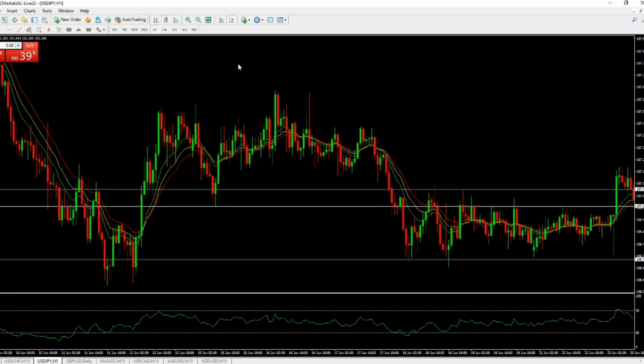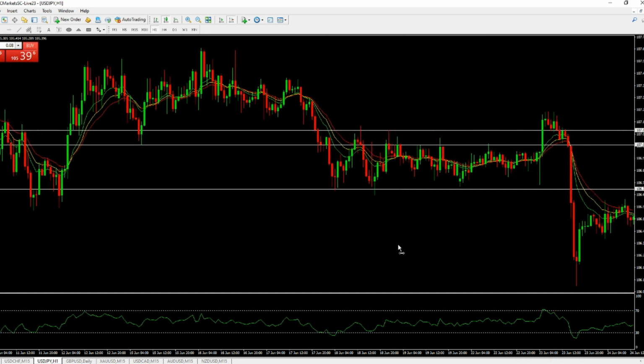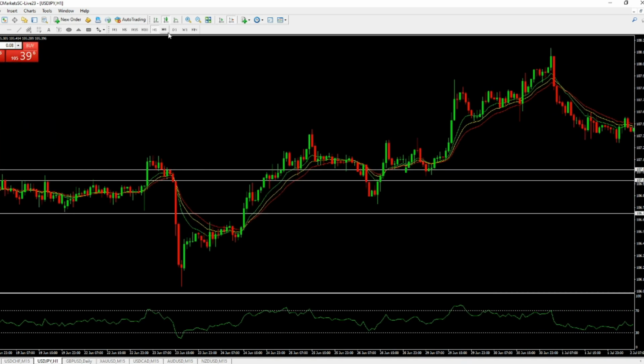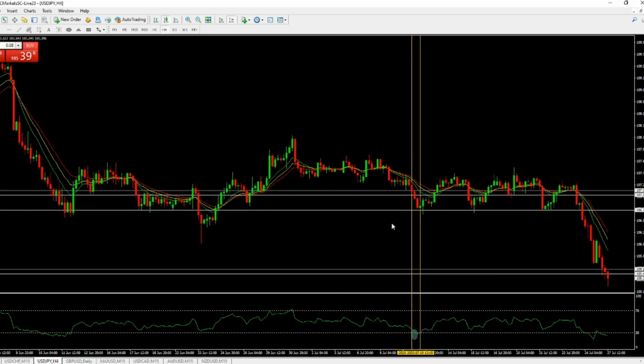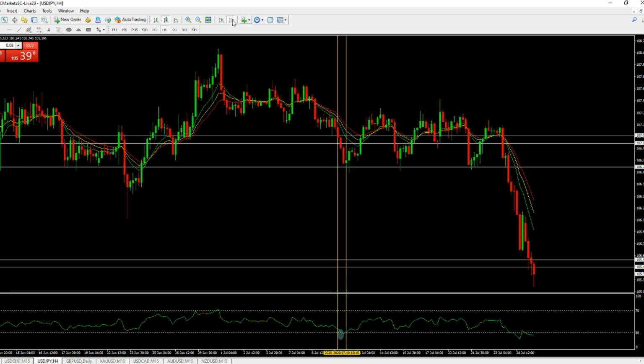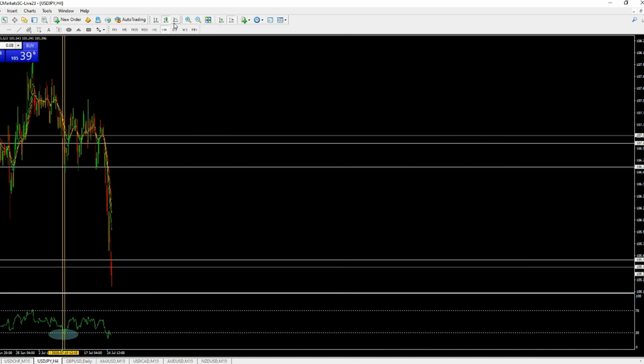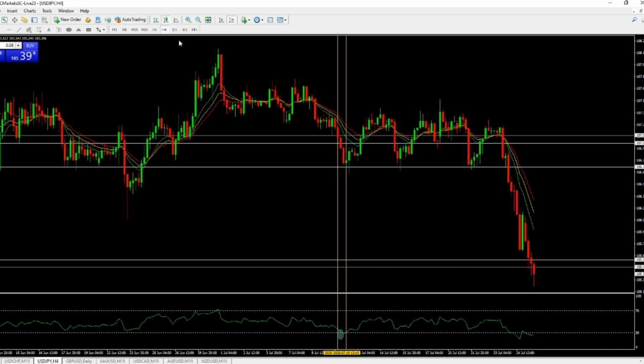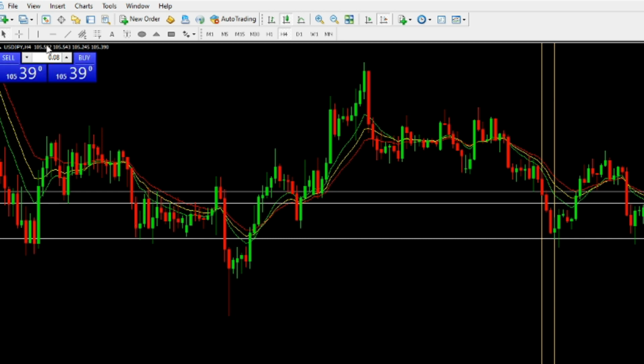I use 1 hour time frame. Here, I use 4 hour time frame instead of trying to make it smaller in 15-minute time frame. So I can identify this is the nearest support.